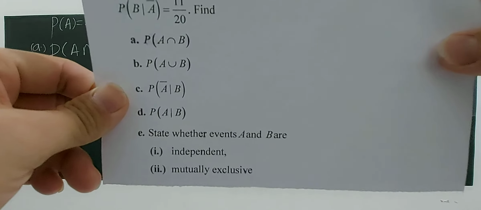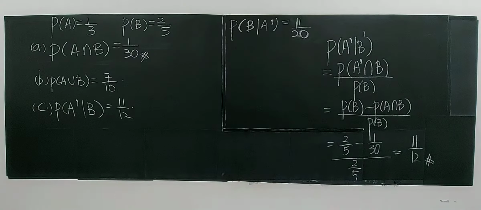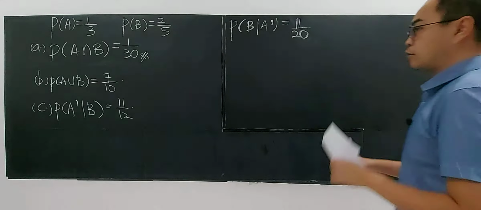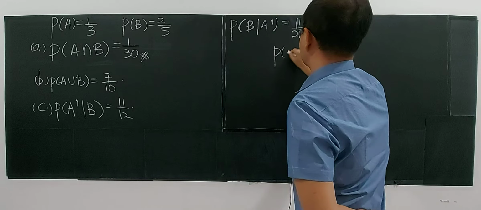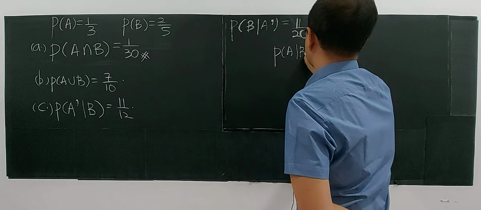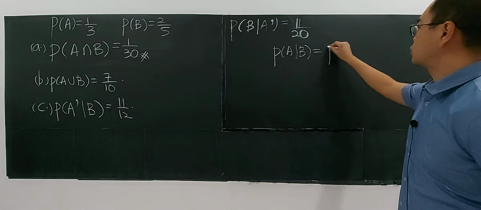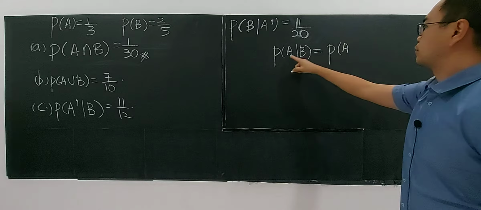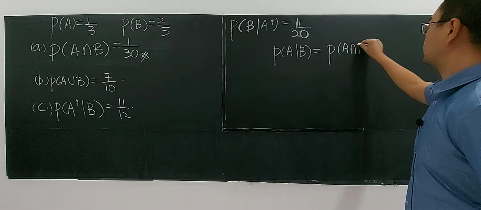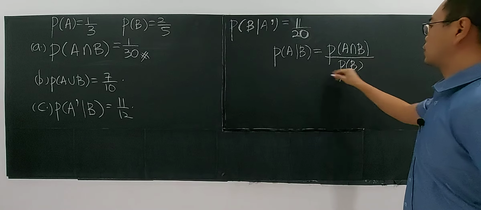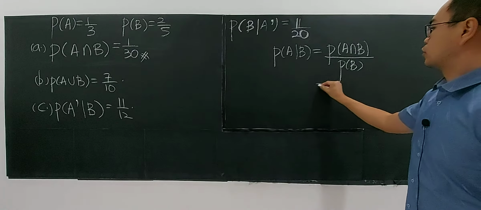Let's look at part D. This one is probability of A given B. Probability of A given B is defined to be probability of A intersect B divided by the probability of B. What is given? B. So this one is very easy.